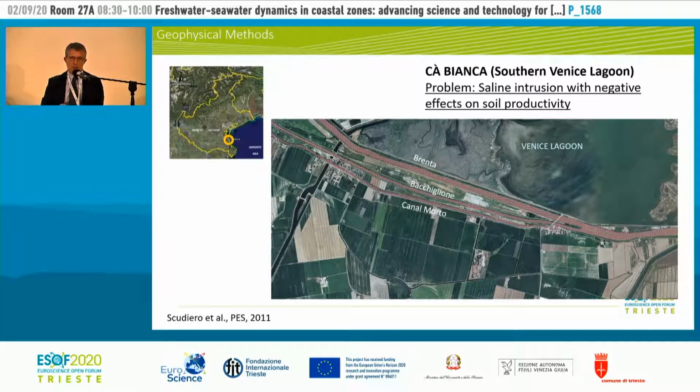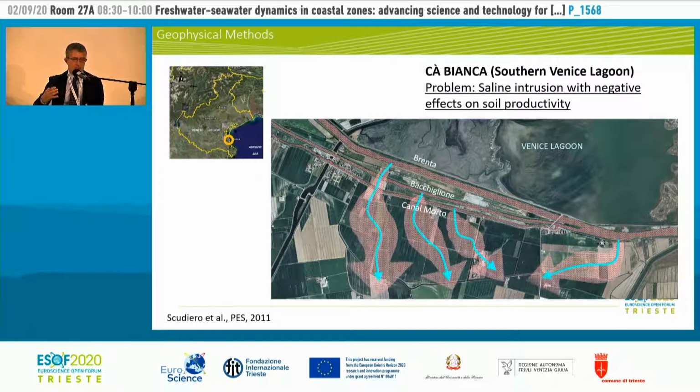During summer, when you have low freshwater discharge, seawater encroaches into those canals, and from there into the subsurface. So you have infiltration from the riverbeds into an area which is lowland, recently reclaimed in the 1930s, and so it is below sea level.